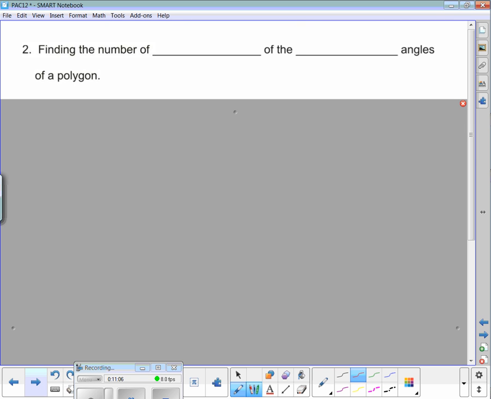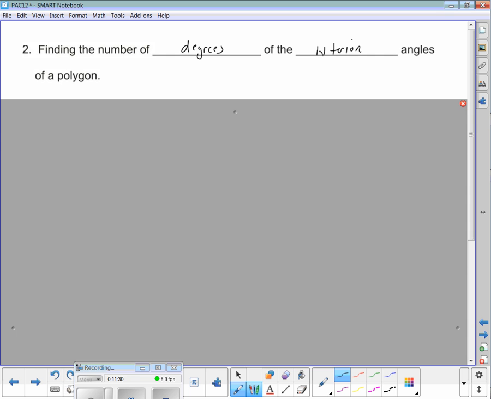All right, next page. Here comes the math of this section. Finding the number of degrees of the interior angles of a polygon.